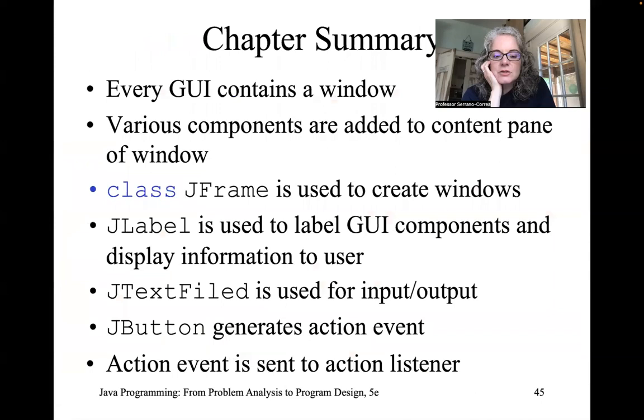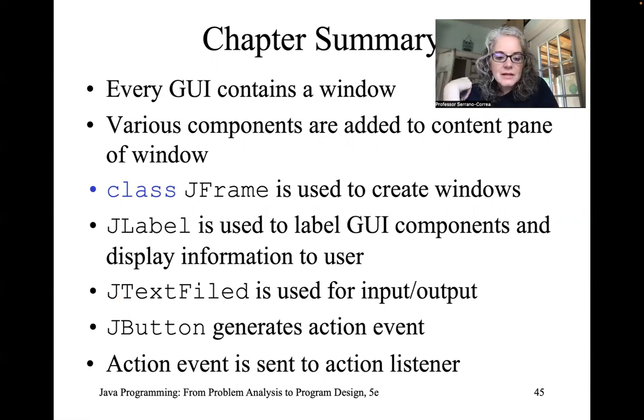JLabel is a class used to label your graphical user interface components and display information to the user. JTextField is used for input and output. Remember, with JTextField, if you're inputting, the person can type into the text box. If you use it to show output, you have to make it where the user cannot write to it. So you have to physically do that.